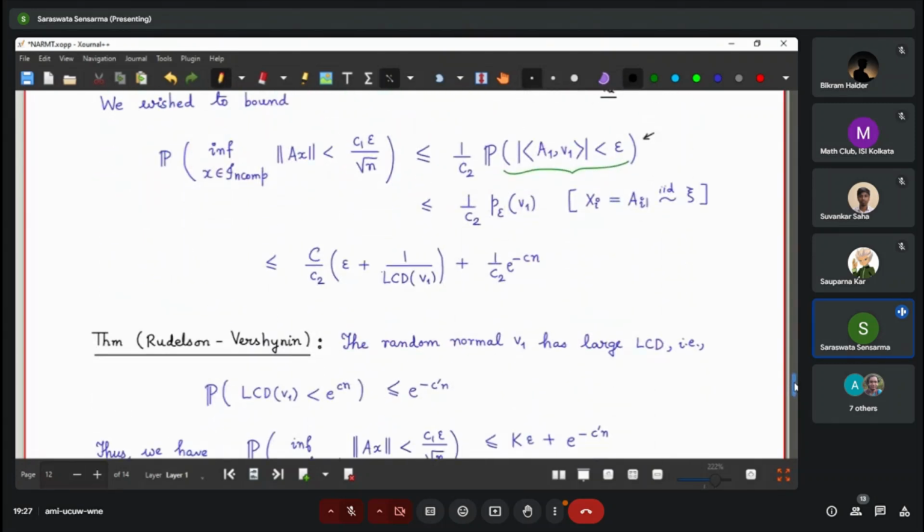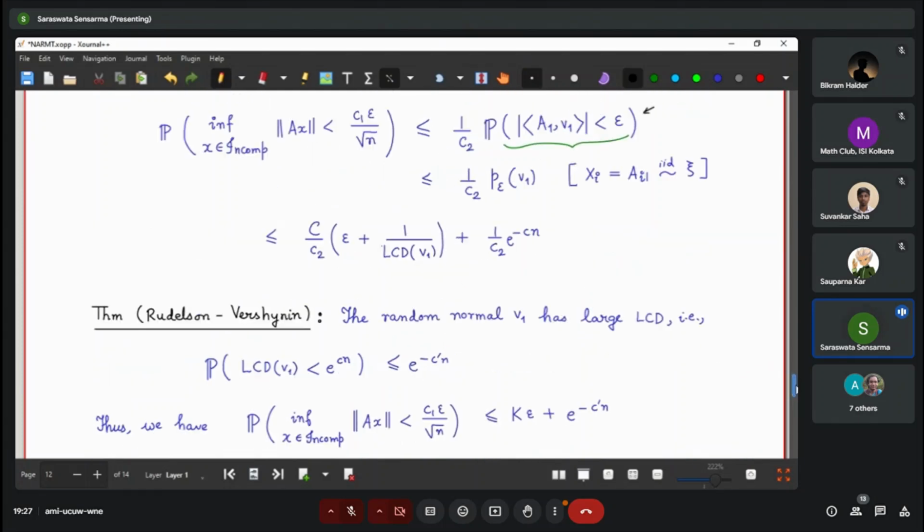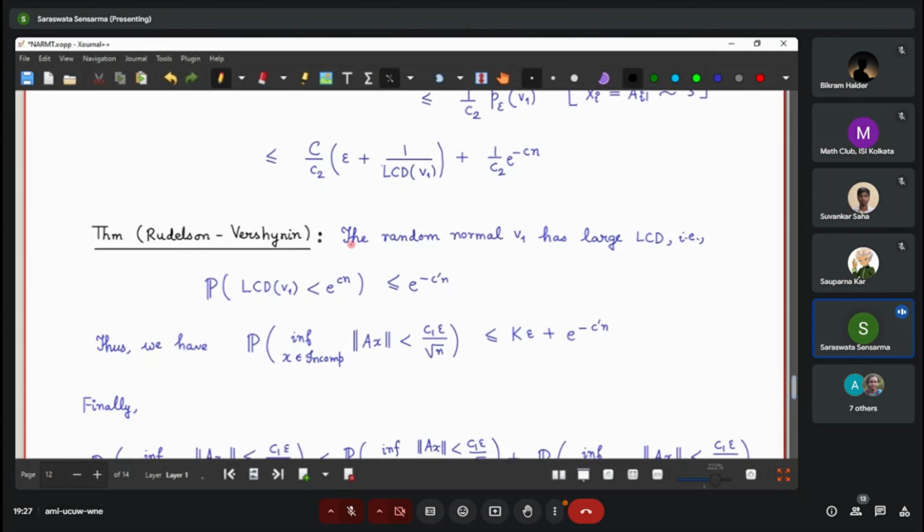So that is what was properly formalized by Rudelson and Vershynin, that if you have this random normal V1, this has a large LCD. In particular, the probability that there exist constants C and C prime such that the LCD being smaller than this exponential term is very small.